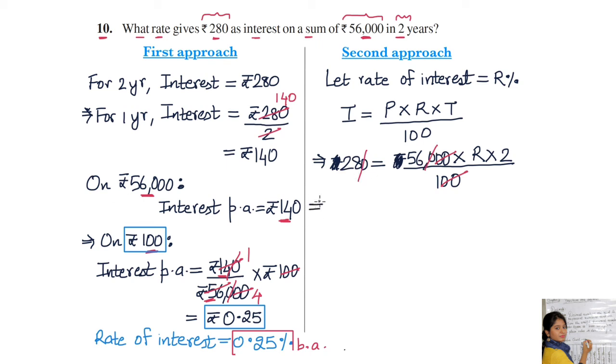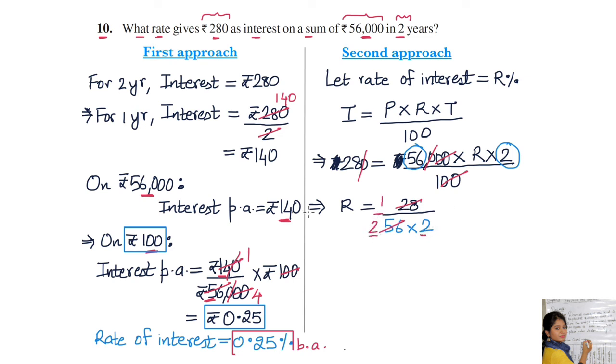Now if you proceed, you can see that R can be written as 28 upon 56 into 2, on doing cross multiplication, because on the right side we have 56 and 2 in the numerator. So again we will reduce. 56 and 28 have a common factor, giving 1 upon 2.